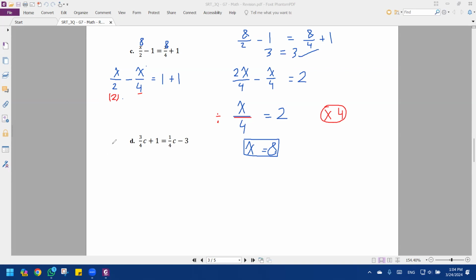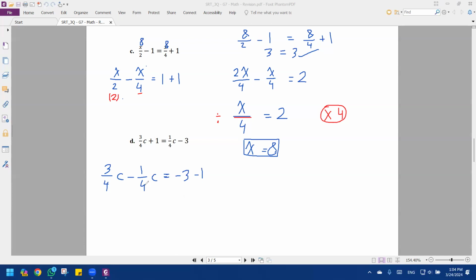Now the last part, D, we have 3 over 4, c. And then 1 over 4c, we bring it to this side, will be minus 1 over 4. c is equal to, on the right side, we have minus 3. And then that plus 1 will go there, will be minus 1.